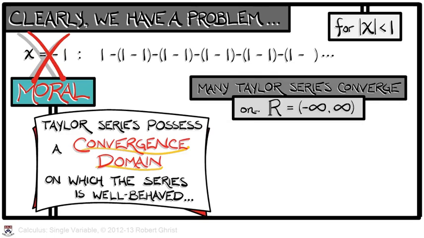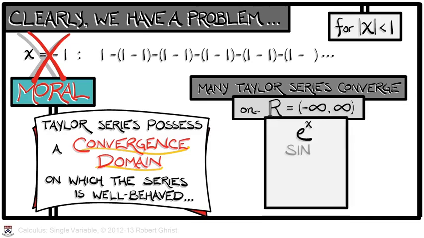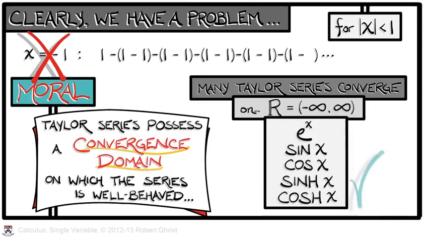Now, for many of the Taylor series that we've encountered thus far, the domain of convergence is the entire real line. For the exponential function, sine, cosine, hyperbolic sine, hyperbolic cosine, there are no convergence issues. It is for series like the geometric series that we have to be more careful.